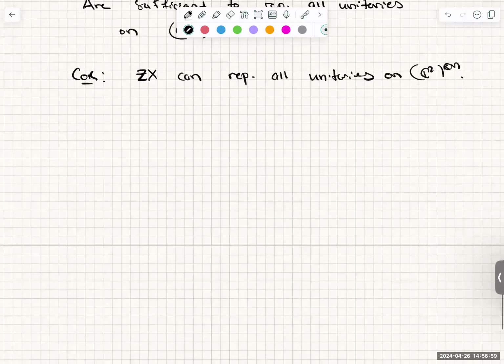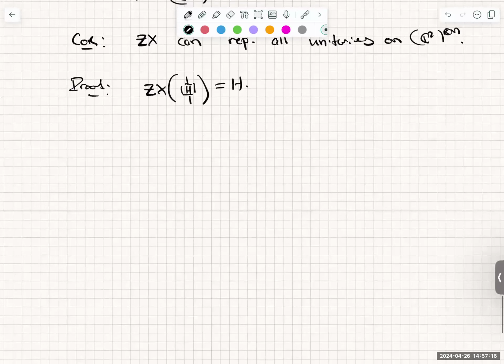And the basic structure here, I mean, this is not a full-fledged proof by any means, but we do have some basic things that we can write down. We have that ZX of H is precisely H. Okay, so that's trivial.